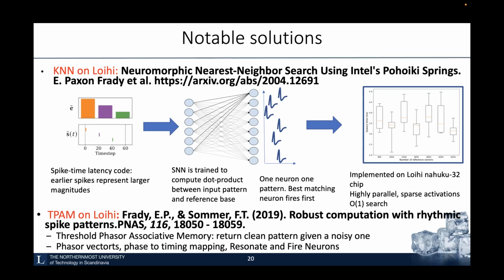In this case your search time is constant, but of course you lose on parallelization, with respect to energy efficiency. If you want to know more about how memory is organized in spiking neural networks, here are two notable publications on that.